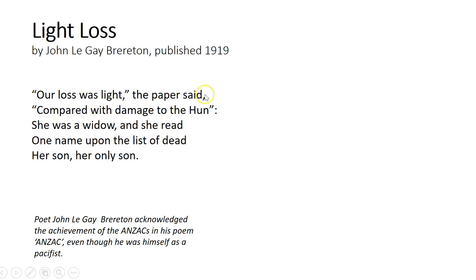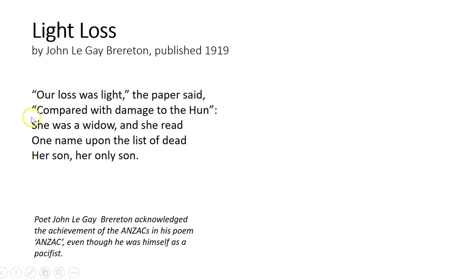So in this newspaper where it's saying the loss is light, there's a list of the dead. And this woman, who's a widow, she's lost her husband. She's reading down the list and she finds one name, her son, her only son. So she has already lost her husband. We don't know whether he was also in the war and killed in the war, or perhaps he was killed previously, we don't know.